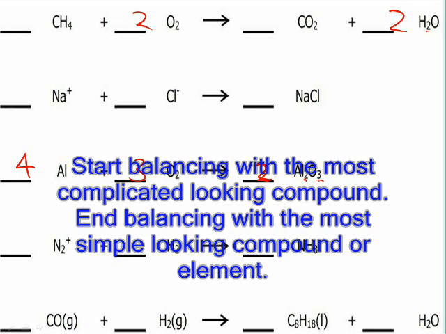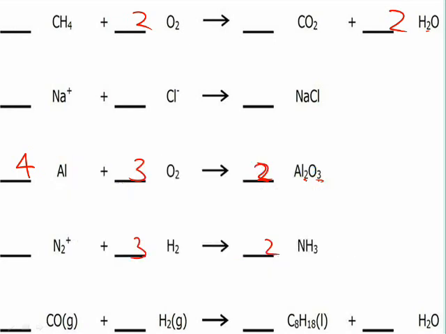Let's try the H's. It's a little more complicated there. Let's just swap these. So we have 6 hydrogens. Hydrogens are balanced. 2 nitrogens and 2 nitrogens. Well, that was easy. That's all balanced as well. Let's go to the next one.